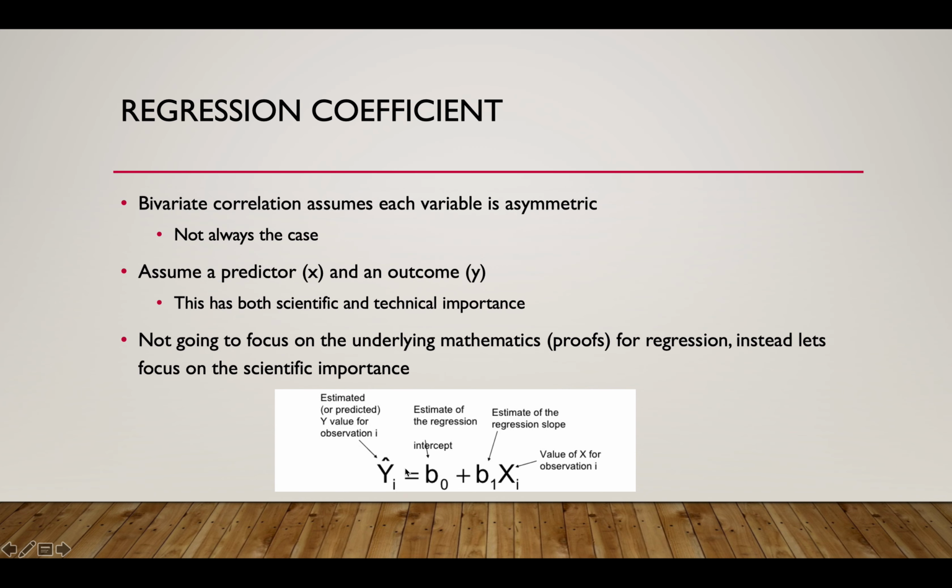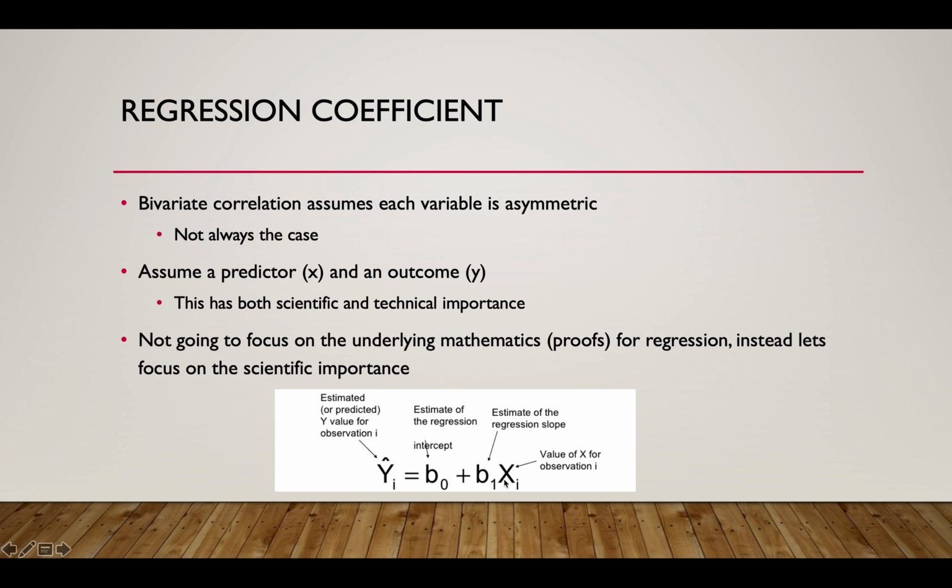Where this equation starts on y is the average predicted level of y. It's not the true level of y, and everything is relative to the predicted level of y.